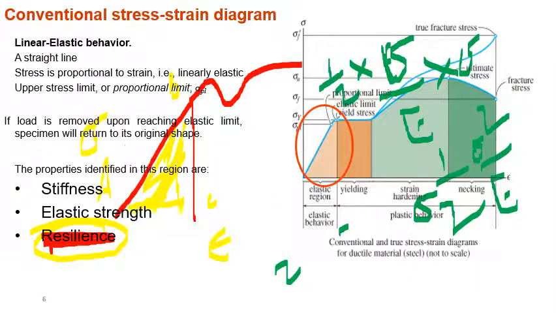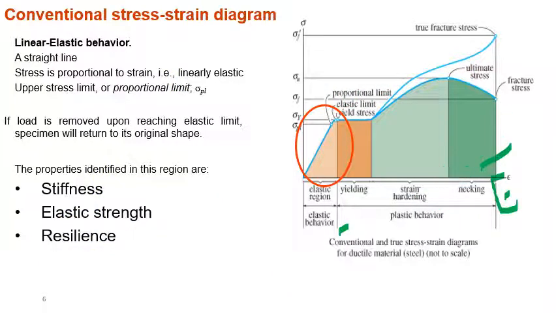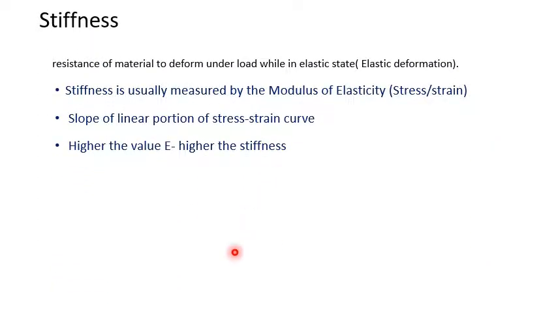So resilience is nothing but the amount of energy absorbed by the material during elastic deformation. Now, to recap what we have seen: stiffness is the resistance of a material to deform under load in the elastic state, measured in terms of the modulus of elasticity.